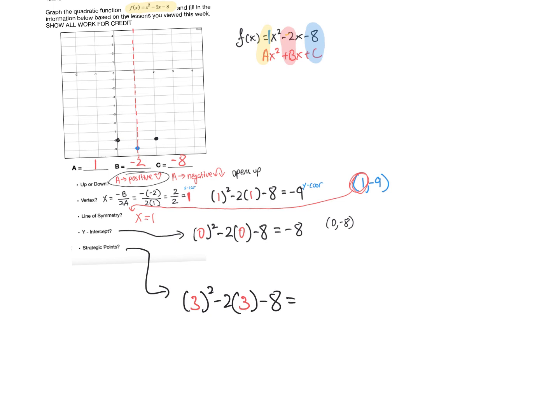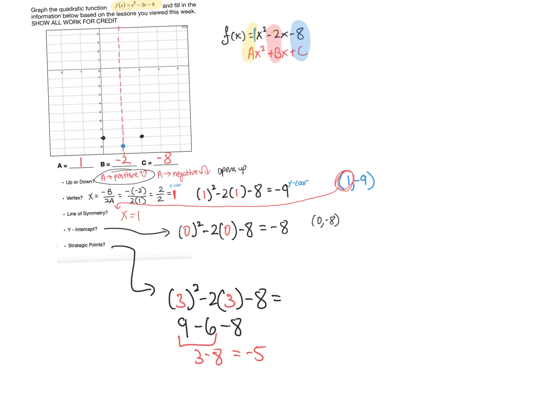So at the end of the day, I'm going to clean this up. So this is going to give me 9 minus 6 minus 8. So I think I got this business, 9 minus 6 is 3, minus 8. That's going to give me a -5. So I know when I plug in a 3, that's going to give me a -5 out.